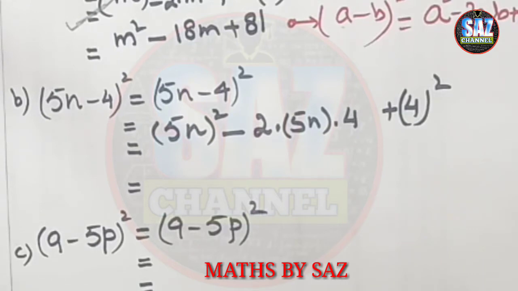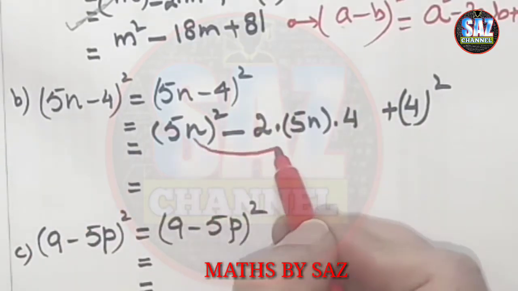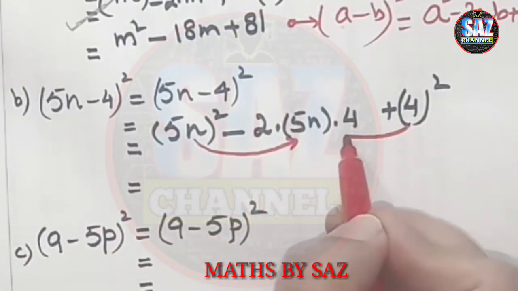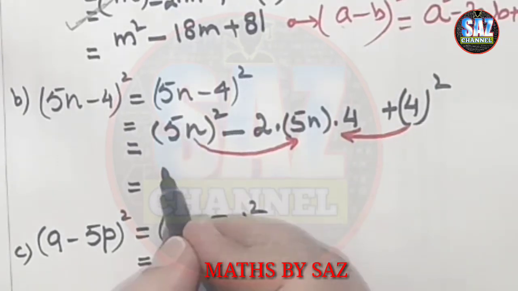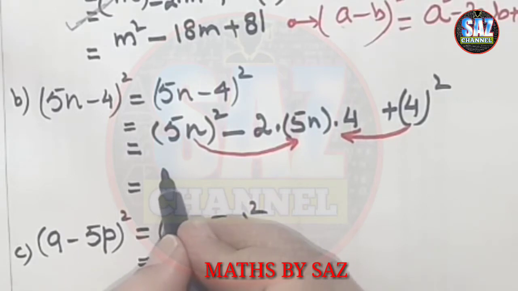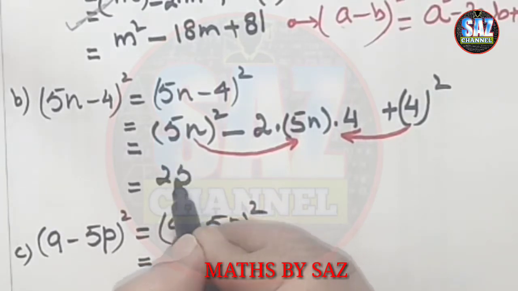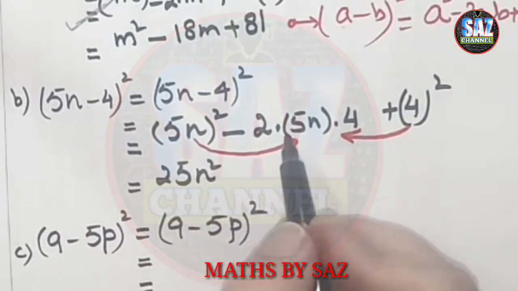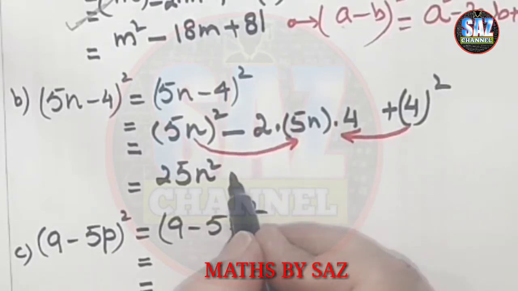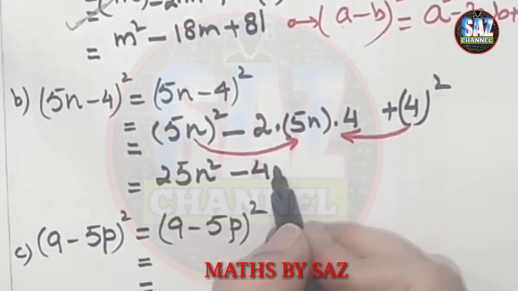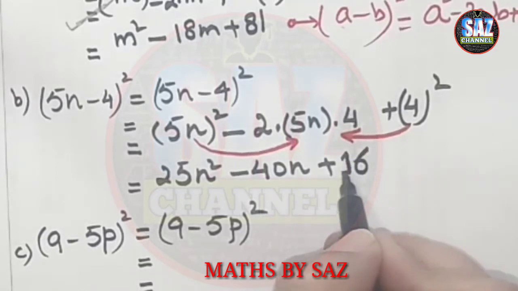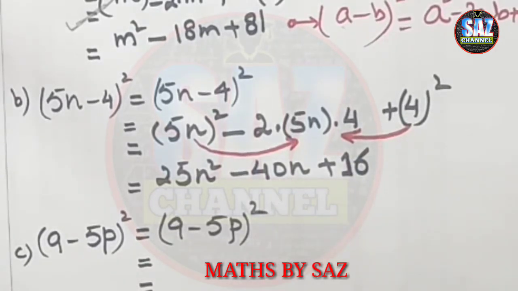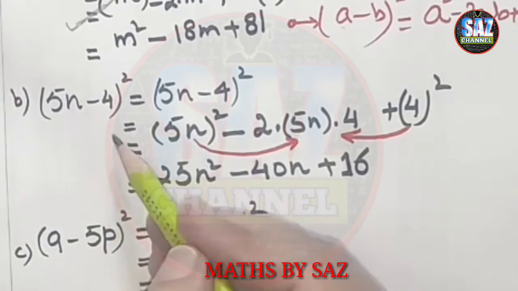Be careful. Place a from the first bracket and b from the second bracket. Now I have to take the square of every term inside the bracket, that is 25n square. 5 twos are 10, 4s are 40, 40n and plus 16. Again I say that we should have good command on the tables for better understanding of these questions.